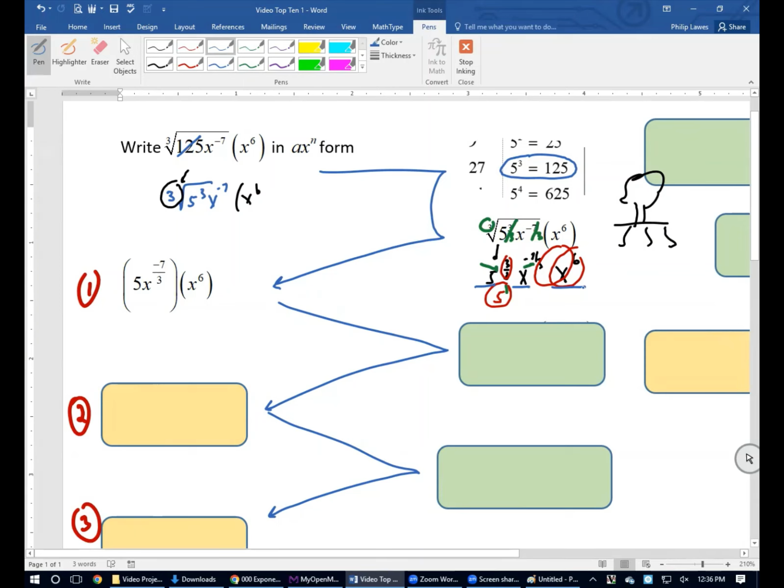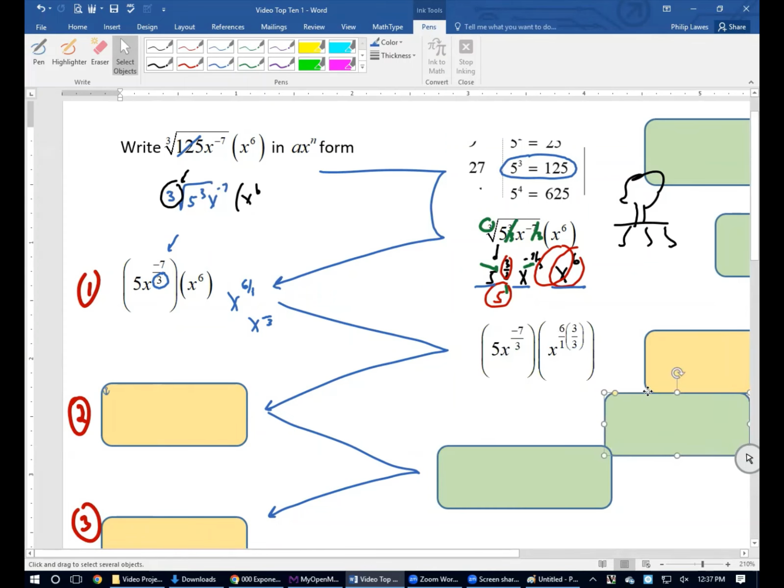Now, I'm going to think of the 6 as being x to the 6 over 1, and I'm going to have to find some way to turn it into a denominator of 3 so that I have the same denominator. You can skip this next step if you can do it in your head, but one way to do it is to multiply 6 over 1 by 1.